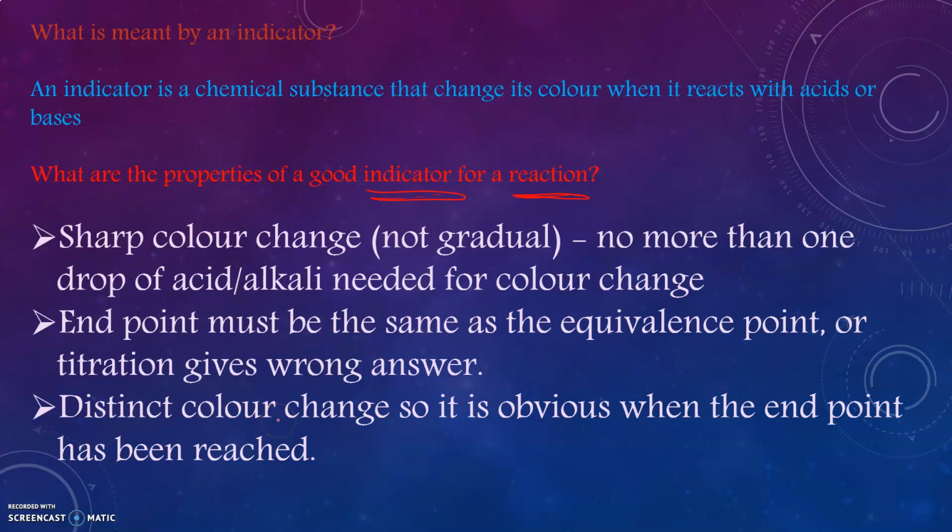Distinct color change, so it is obvious when the endpoint has been reached. Again, the color has to be distinct, meaning obvious, clear, shown, just to show the endpoint or the equivalent point has been reached.